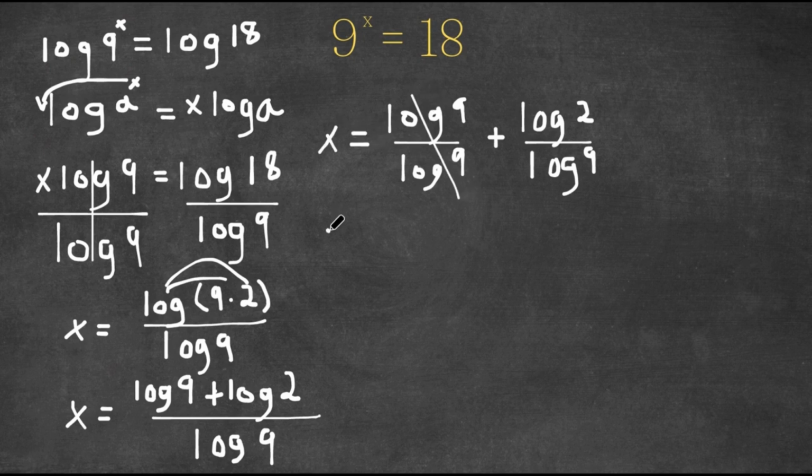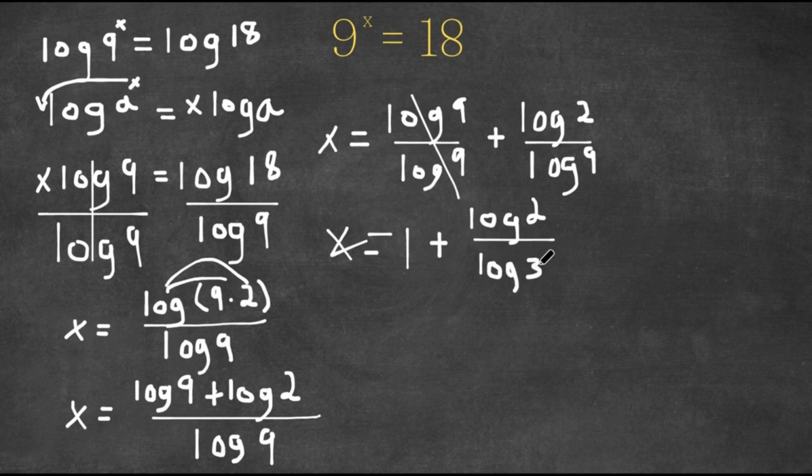Now these two cancel out, so we get x is equal to 1 plus log 2 over log, and I'm going to replace the 9 with 3 squared.